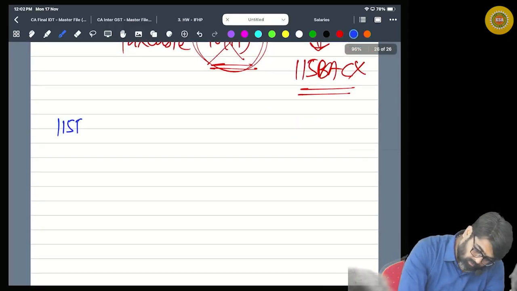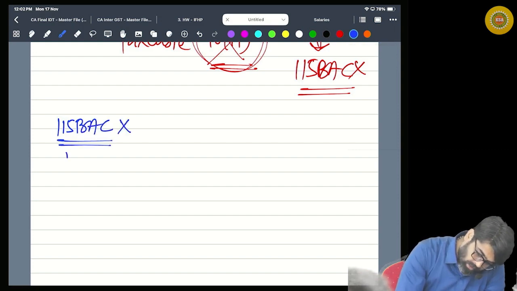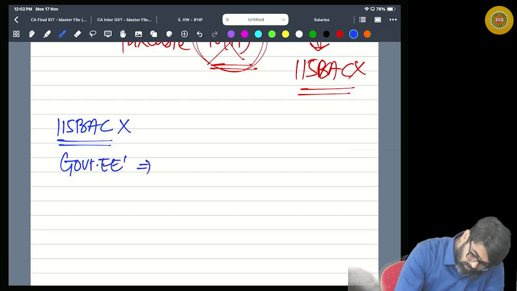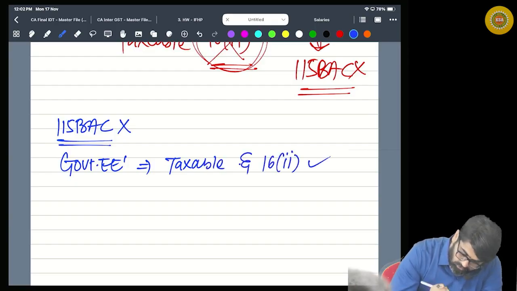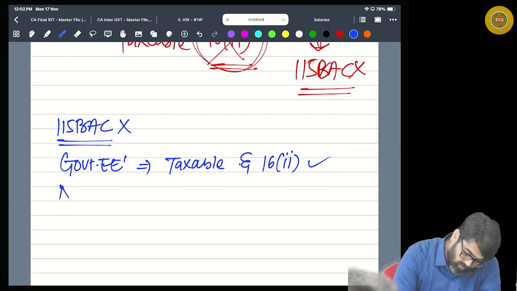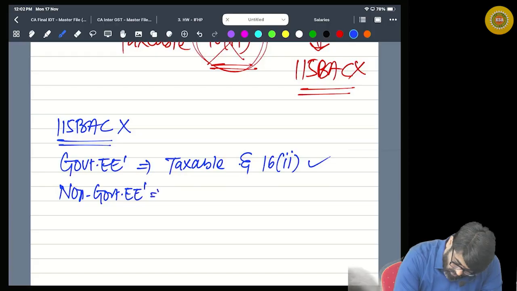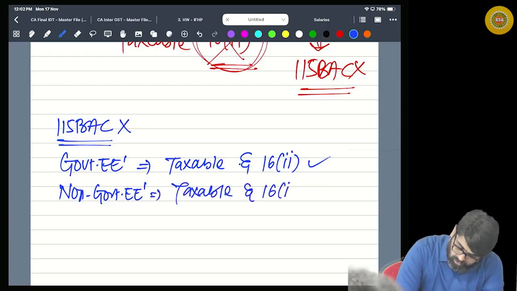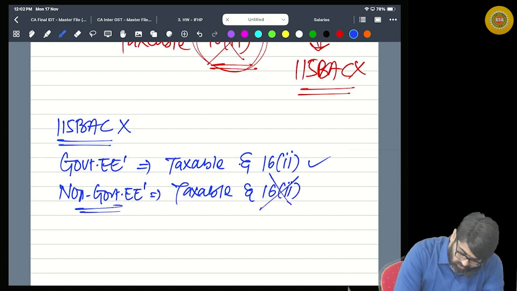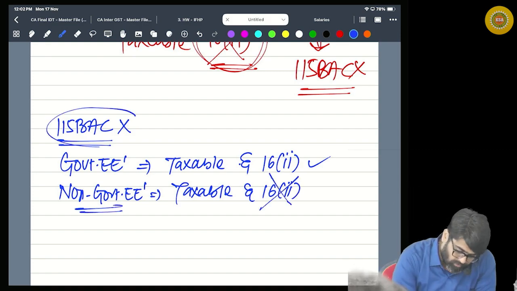If 115BAC is not followed and you are a government employee, the first effect is that entertainment allowance is taxable, and the second effect is deduction under section 16 clause 2. Will you remember? If you are a non-government employee, the first effect is taxable, and the 16 clause 2 deduction is not available, when 115BAC is not followed.